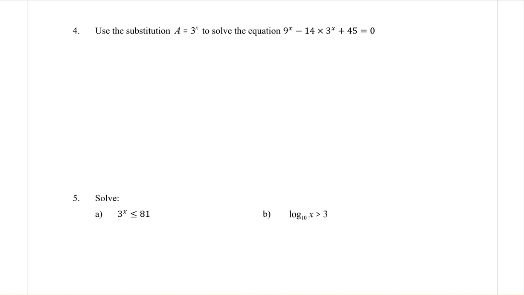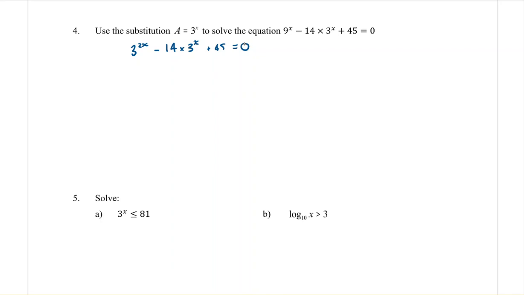So the 9 that is there, I can change that to be 3 squared. Now the 2 would have to multiply by the x that was already there. So it's 3 to the 2x. Then I have minus 14 times 3 to the power of x plus 45 equals 0.